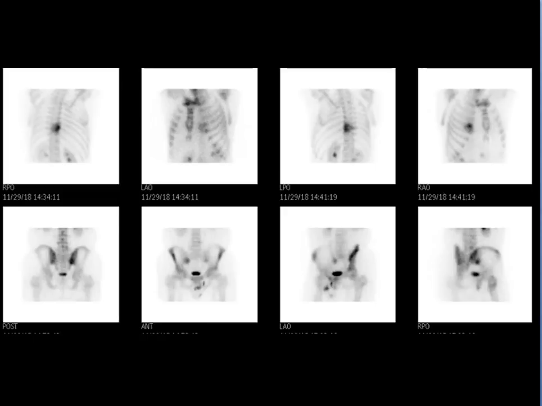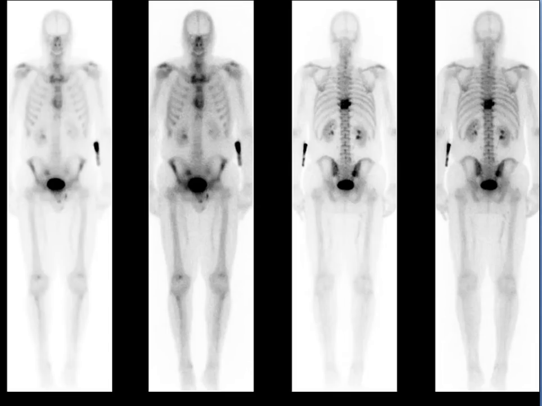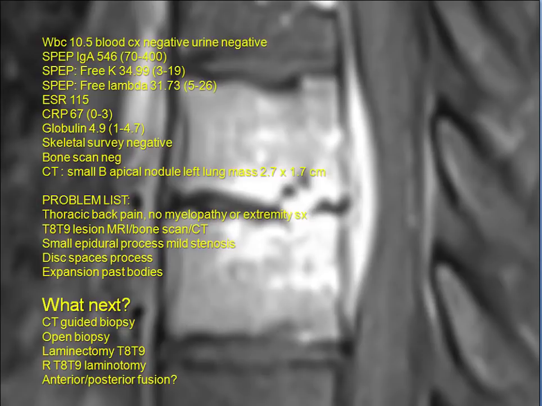So this is the bone scan. Because we have a lot of things to go over, I'm going to go quick. You can see that the T8, T9 lesion lights up, and nothing else lights up in his body. His blood work: white count was 10. He had elevated SPEP levels, not severe, but slightly high.